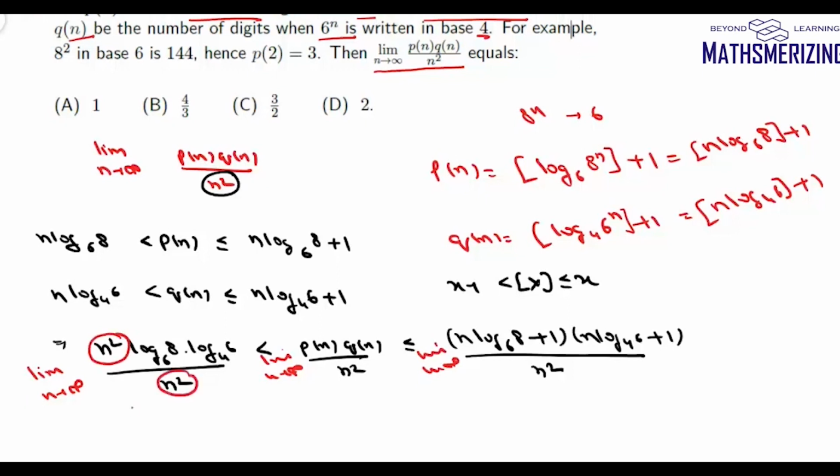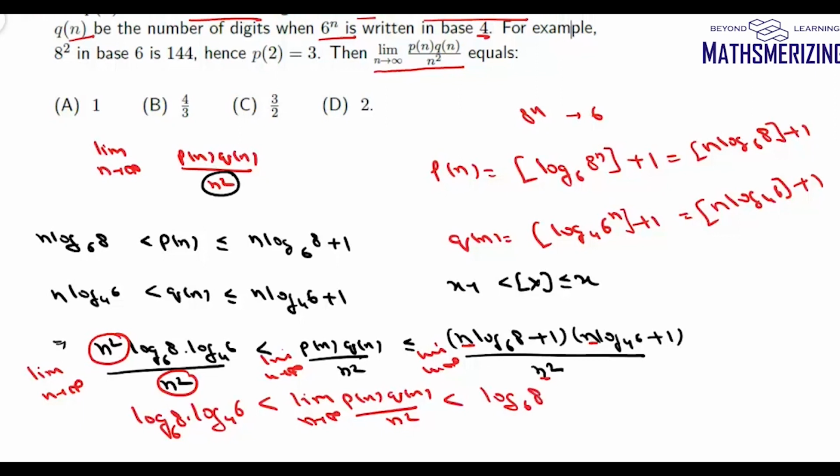So the answer to this left hand limit will be simply log 8 base 6 into log 6 base 4, and here it is limit n tends to infinity Pn Qn by n square, and here also the highest power is n square. So here also this limit will be log 8 base 6 into log 6 base 4.